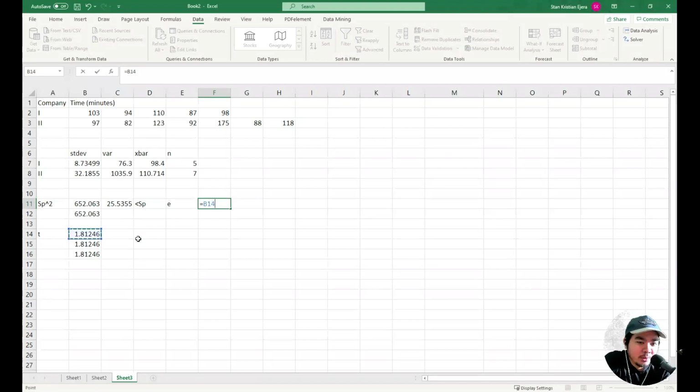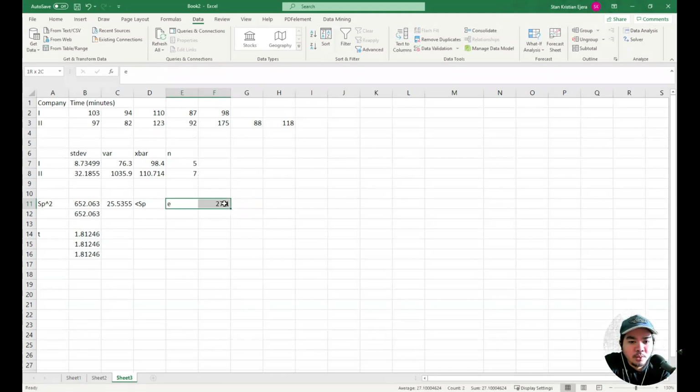But I'll just do it this way, times square root, just to maintain the form of the equation, a variance over a count. So this over this plus this one over this one.